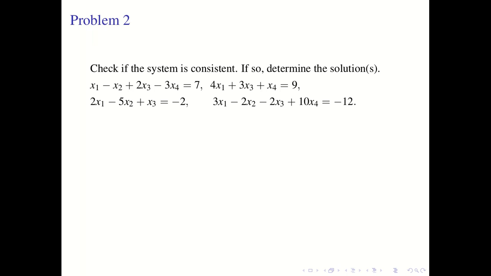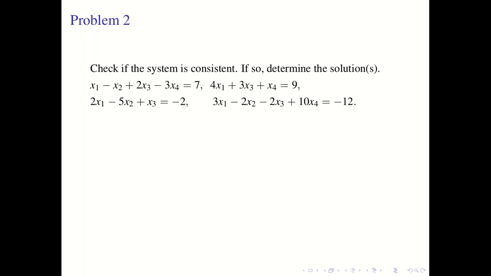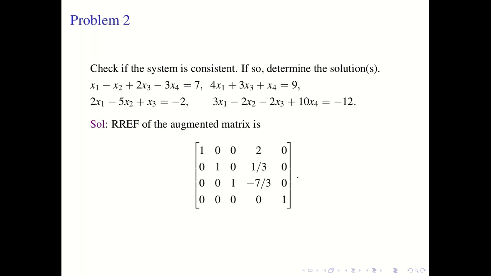Check if the system is consistent. If so, determine the solutions. So here again, take the coefficient matrix and bring it to row reduced echelon form. When you bring the augmented matrix to row reduced echelon form, what you get is that the rank of the augmented matrix is one more.